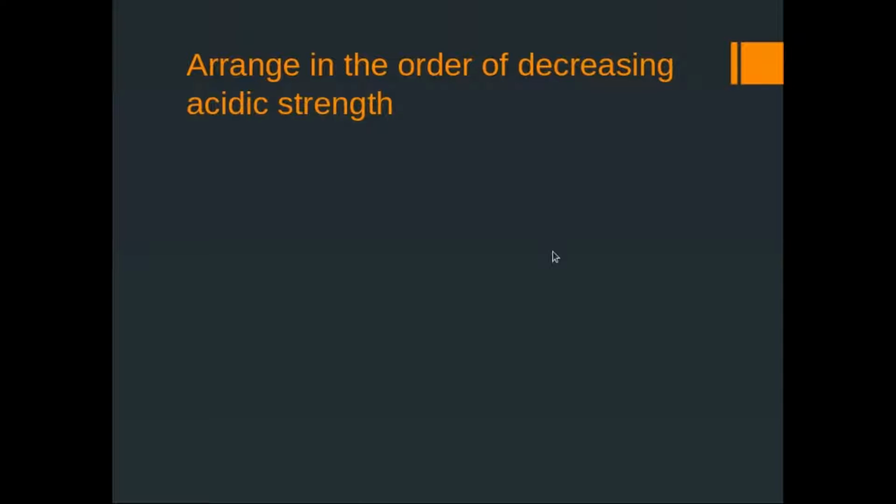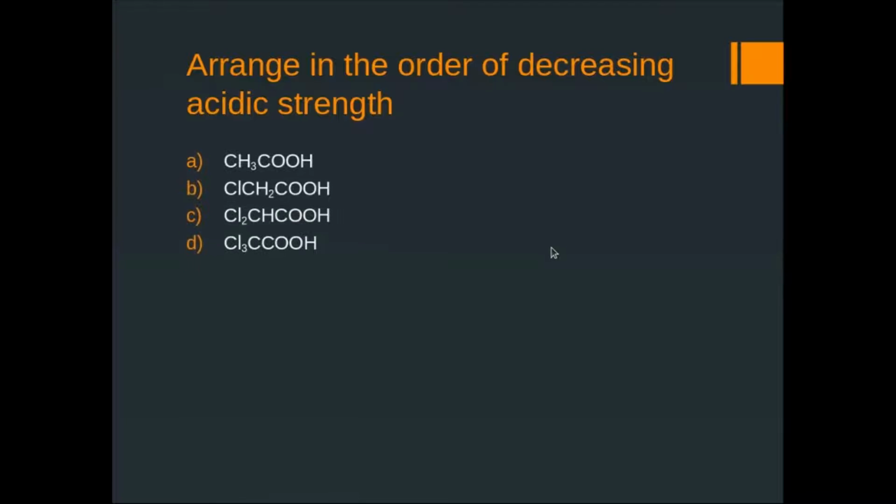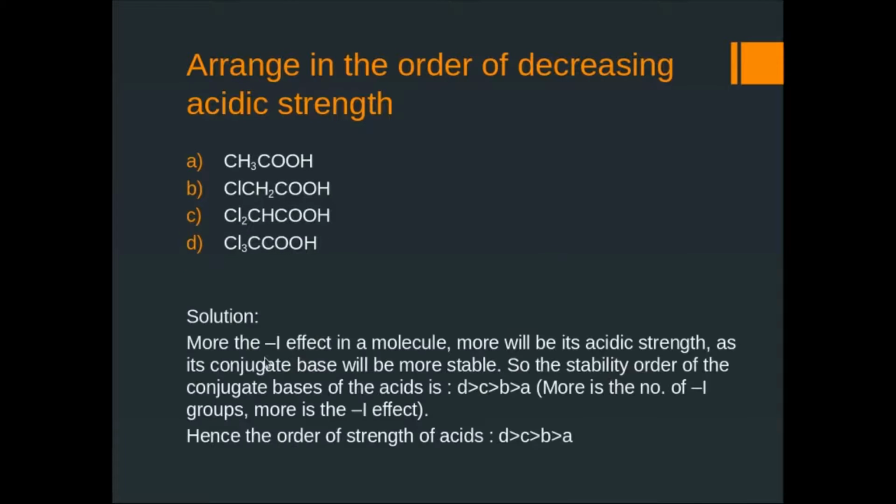The next question is also the same. We have to arrange the given compounds in decreasing acidic strength. So these are the compounds, and this is the solution. You can see, the more the minus I effect in a molecule, the stronger the acid. In D there are three chlorine atoms, so the cumulative effect of three minus I effects provided by chlorine will contribute to a greater distribution of negative charge density over the entire molecule, leading to greater stabilization.